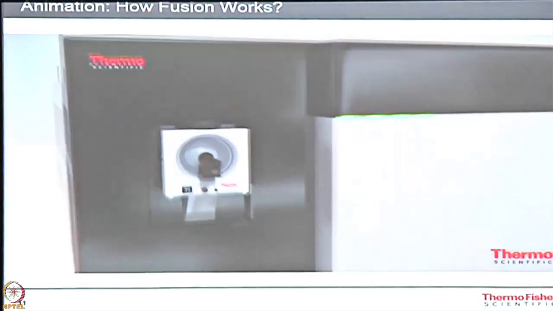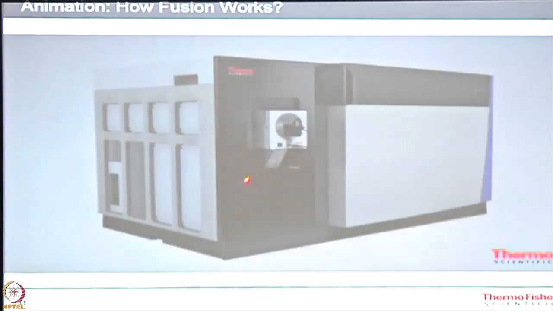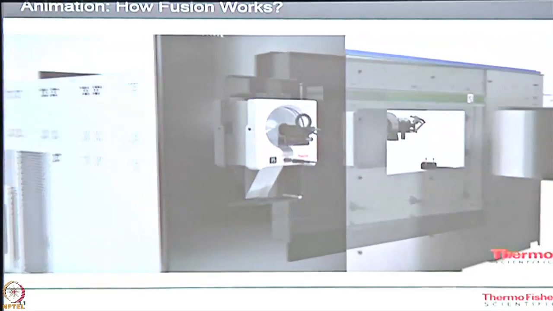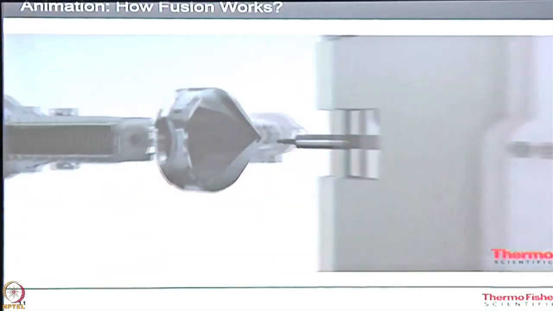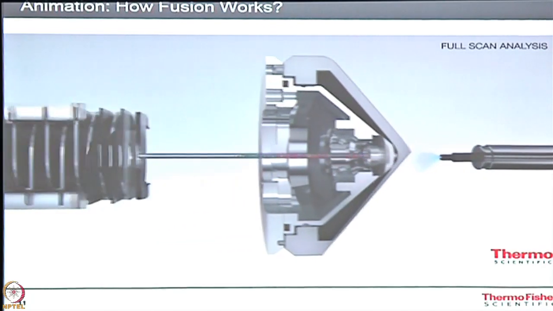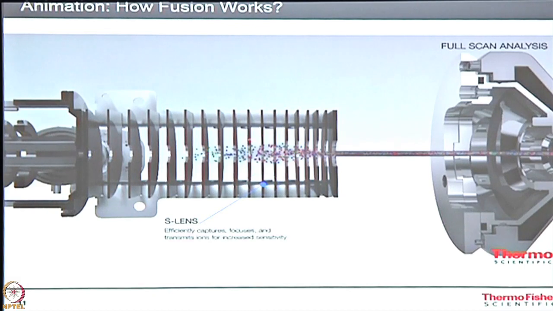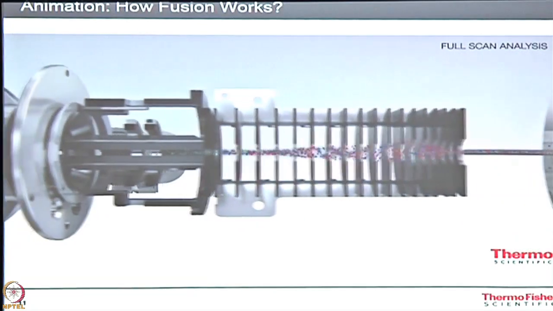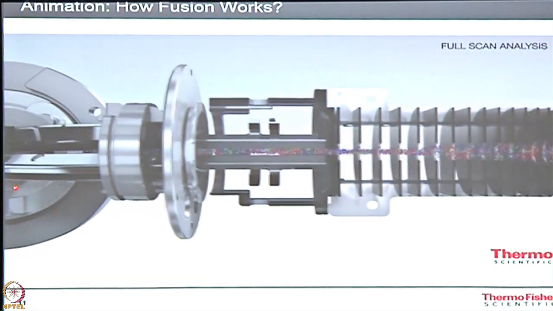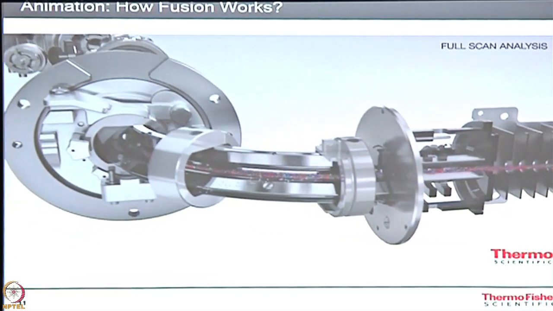Now we are doing first the full MS, MS1. Okay, so now ions will be generated here. They pass through the ion transfer capillary. After that, ions try to spread out because all the ions are highly charged, so you need focusing. Then it's called the bent flatapole, where the neutrals are removed.